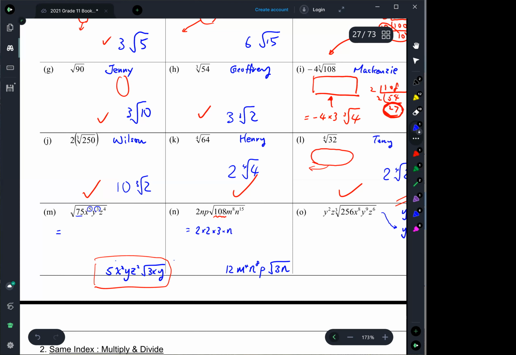For the n, we can have 7 pairs, so times n to the 7. P doesn't have any pairs. M has 4 pairs. So we are left with 3n.